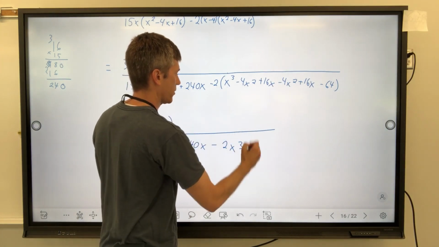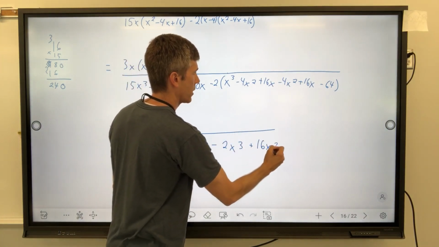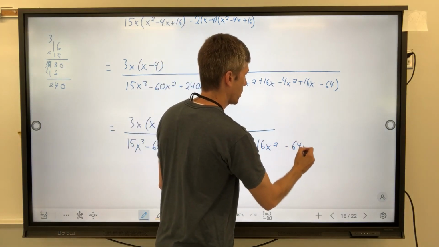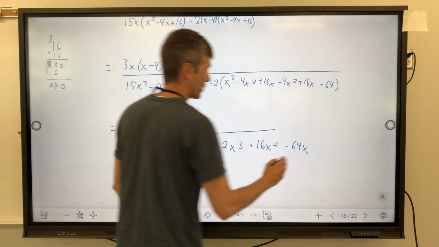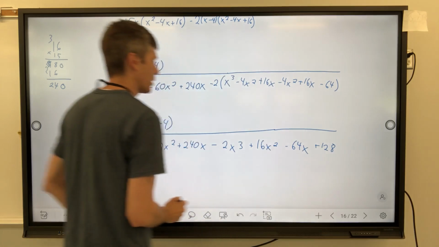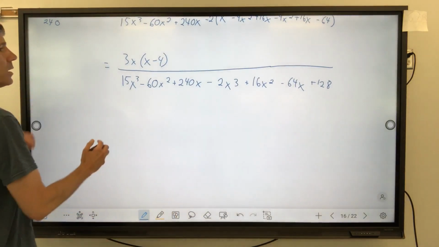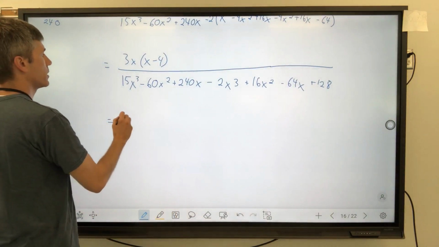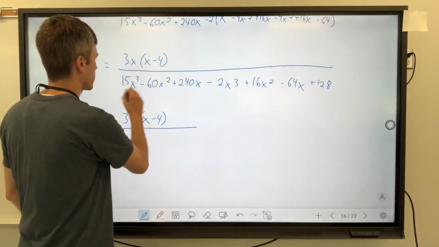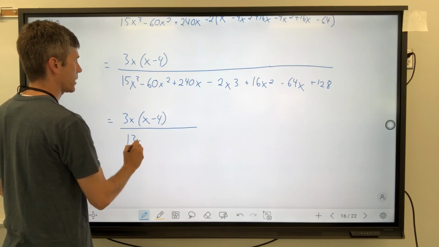Negative 8 times negative 2 is positive 16. 32 times negative 2 is negative 64. 64 times negative 2 is 128. There we go. Take a big breath, keep on going. 13x cubed.